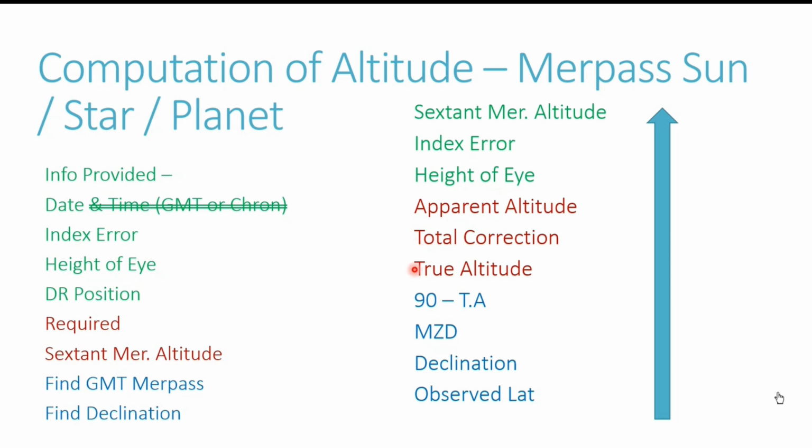But when you are going in the reverse direction, upwards from true altitude to the sextant altitude, a negative total correction will be added. So you will write it as minus here, but you will actually be adding it to the true altitude to get the apparent altitude. Same applies to the dip correction. Dip correction is normally negative, but when you are going upwards in the reverse direction, it will be written as negative here, but going upwards, it will be added in the calculator to obtain the observed altitude.